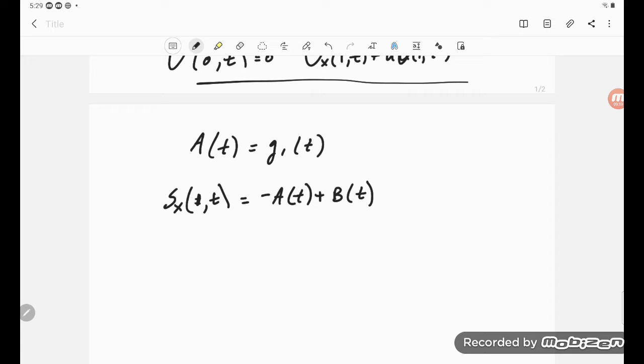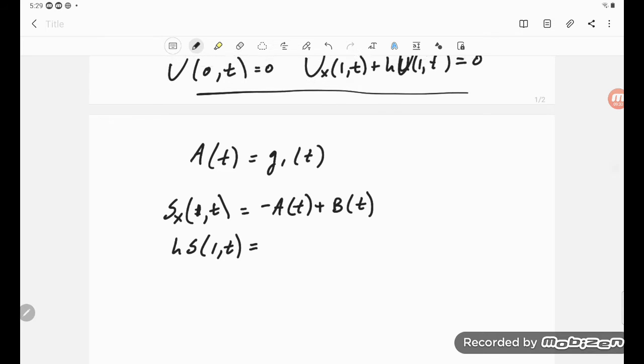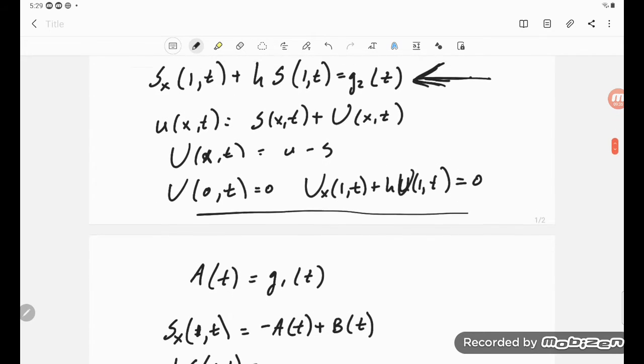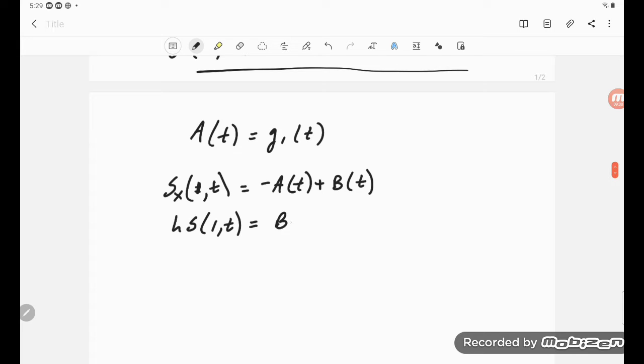Okay, so we have that, and then h times s of 1 and t, and if x equals 1, right, then that disappears and we just get the b, and so this is h times b of t. Oops, not times x, because x is 1, sorry, so just b of t.